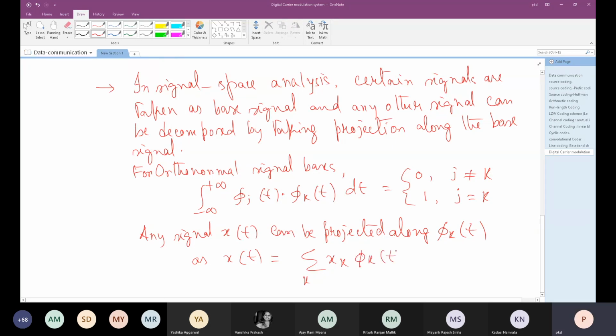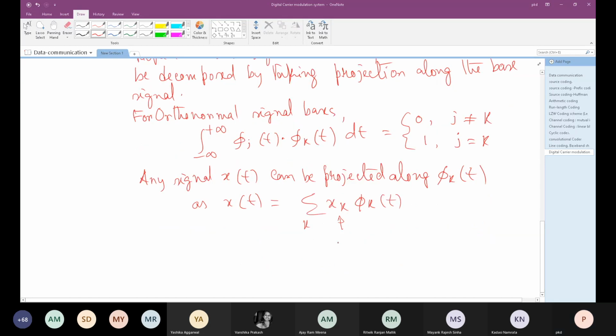K can be from minus infinity to plus infinity or could be a finite number of values. So this is like x_k is the coefficient in the direction.